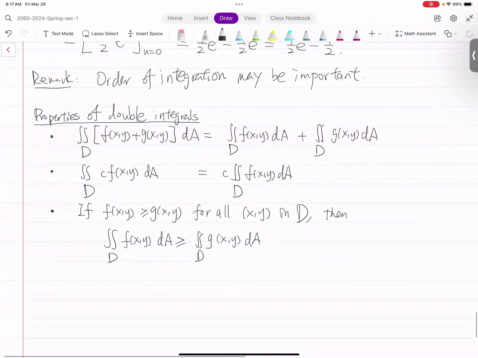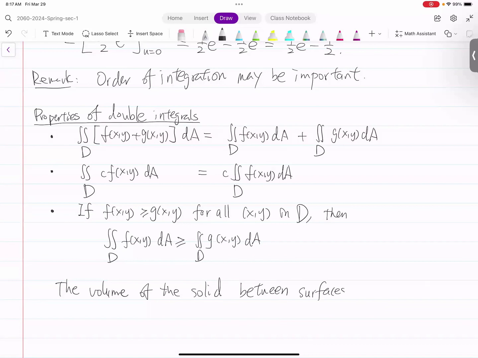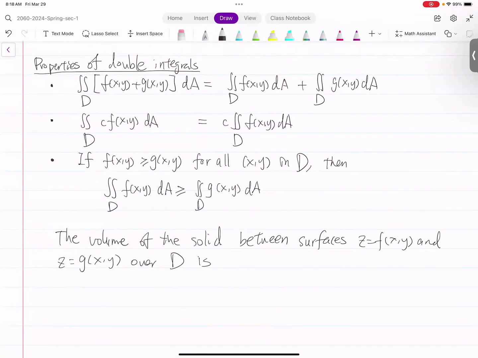Okay. And for this last item, I want to mention the volume of the solid that's cut between f and g and above the region D. The volume of the solid between surfaces z equals f of x y and z equals g of x y over the region D is going to be the left hand side minus the right hand side of the inequality from above.